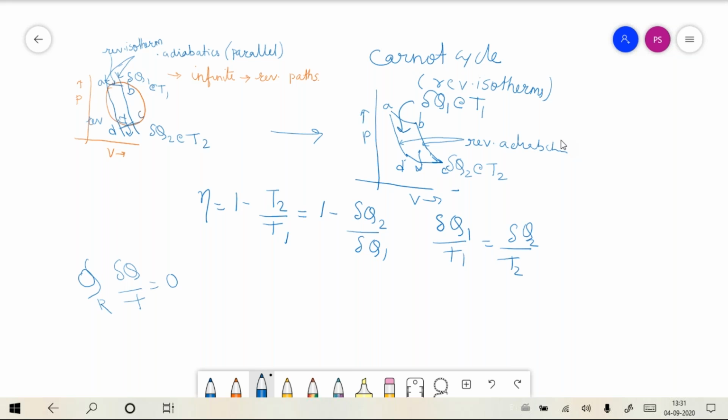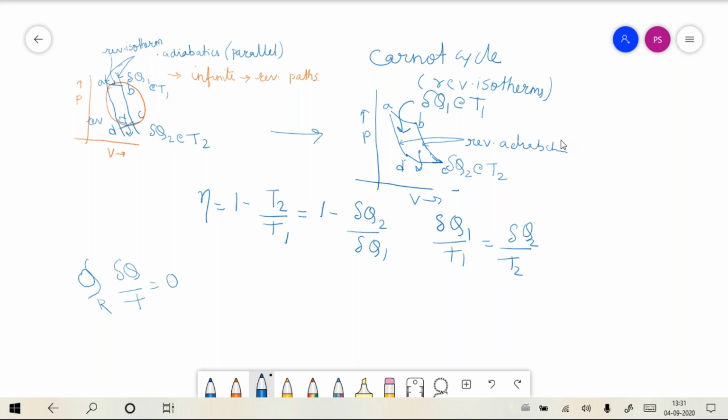For proving this, we have considered a reversible cycle, the red colored cycle shown on the board. And we had proved that a reversible path is equivalent to a zigzag path comprising two reversible adiabatics and a reversible isotherm in between.